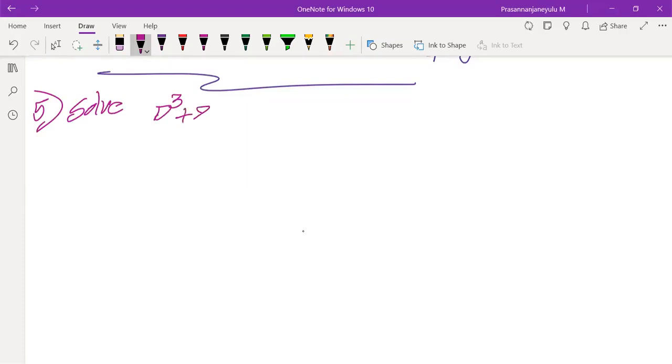D cube minus D square minus 6D of y equals 1 plus x square, or x square plus 1. This is what they are giving to us.